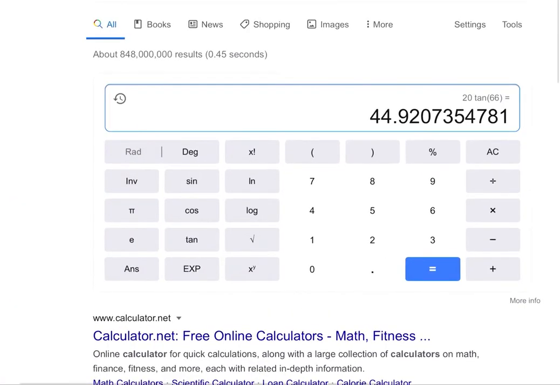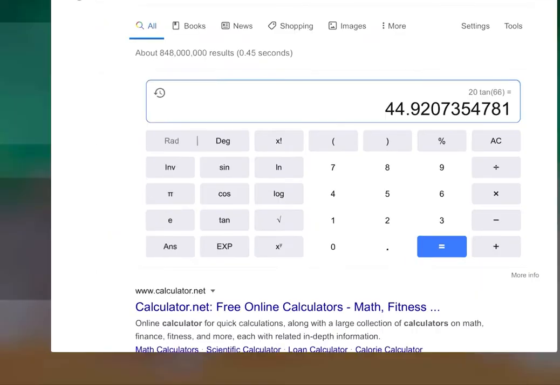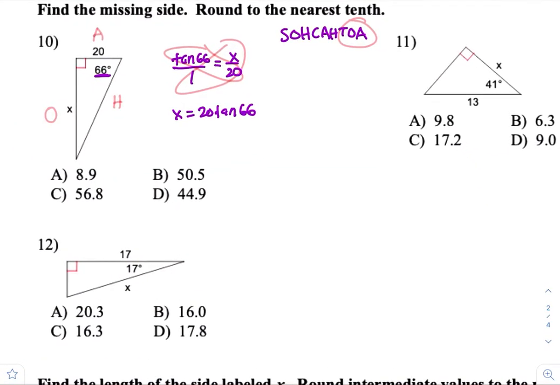Yep, and it says round it to the nearest tenth, so we got 44.92. Round it to the nearest tenth, so the 2, do we stay or go up? We stay. So our answer is going to be 44.9, which is D.